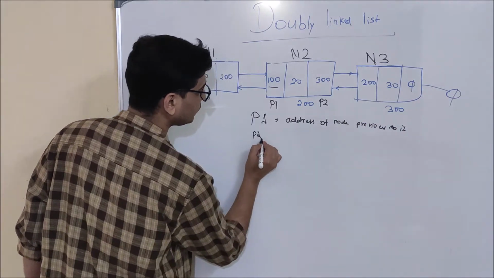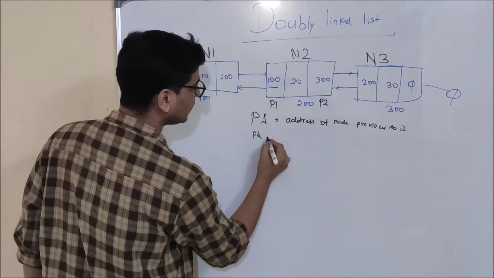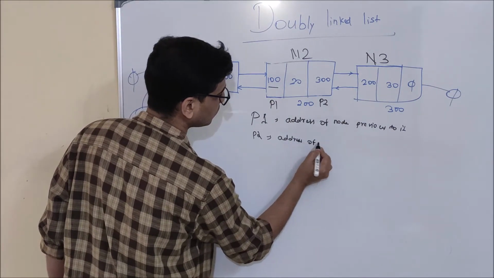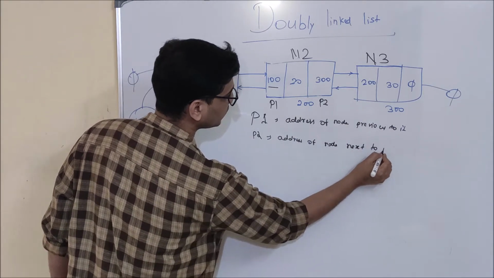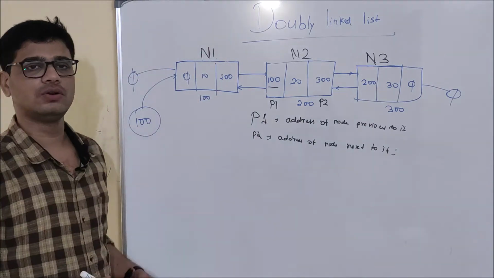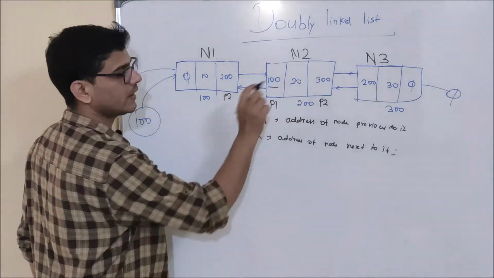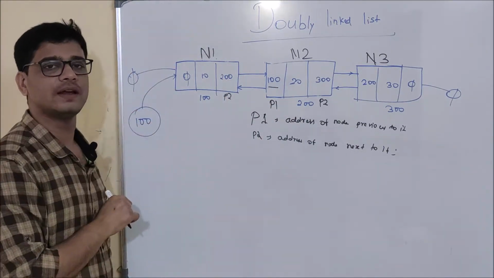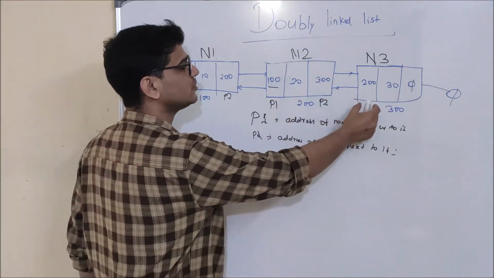Okay, and P2, that is this part of this particular node 2, is containing the address of node next to it. Okay, you can see in this particular node also, this P2 part here is containing the address of next node, and P1 part, as there is no node prior to it, it is holding a null address. Here also you can check.